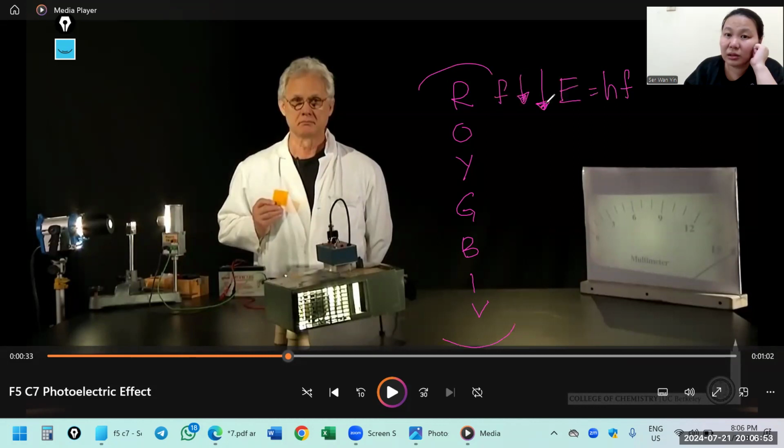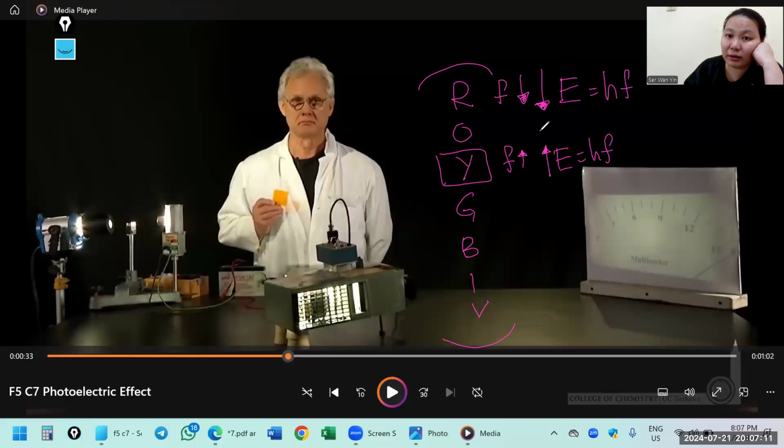So now yellow has higher frequency than red, so the photon energy would be greater than red.